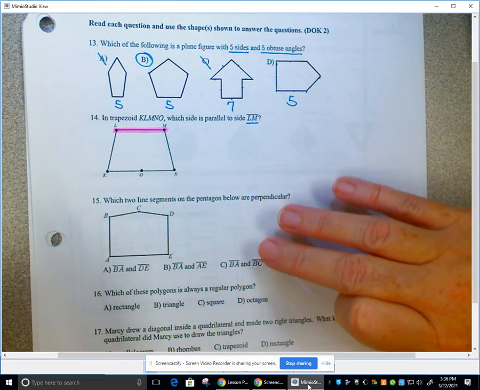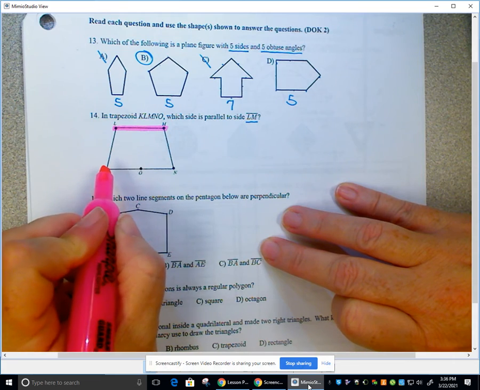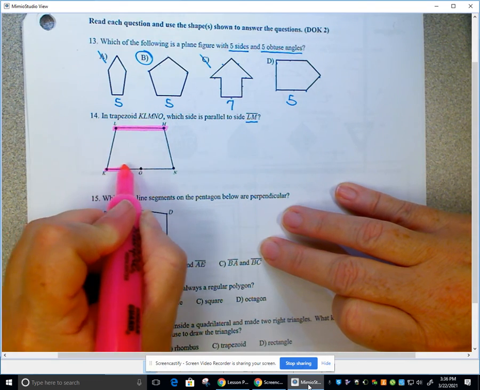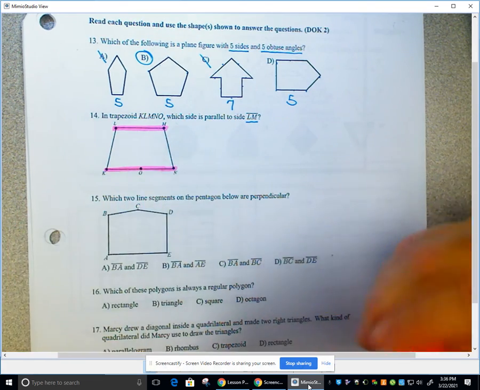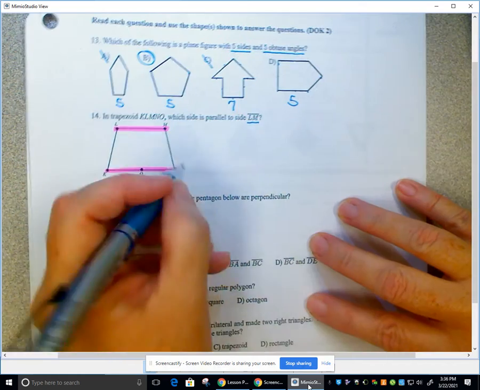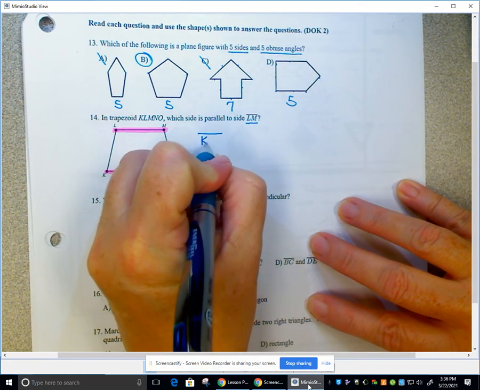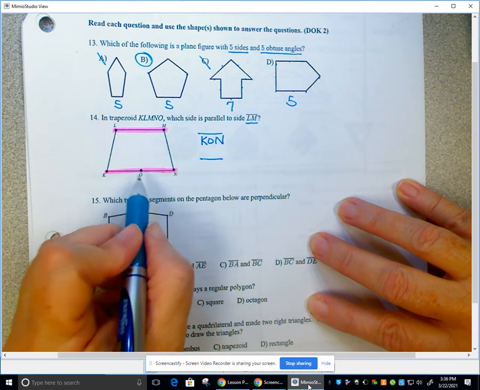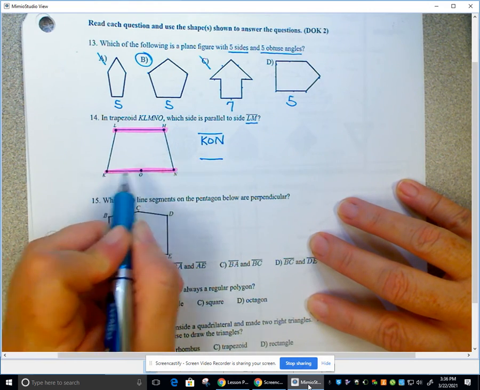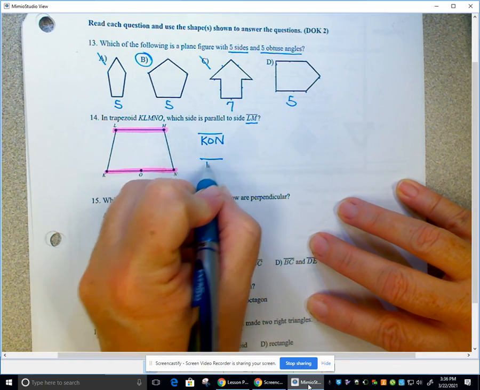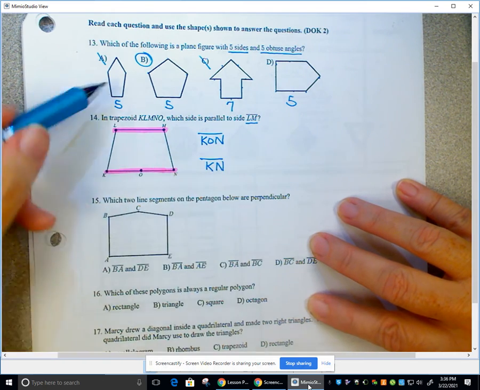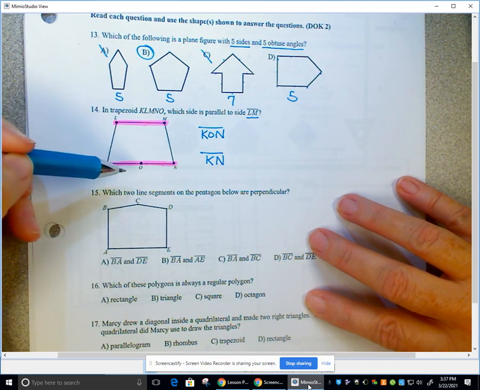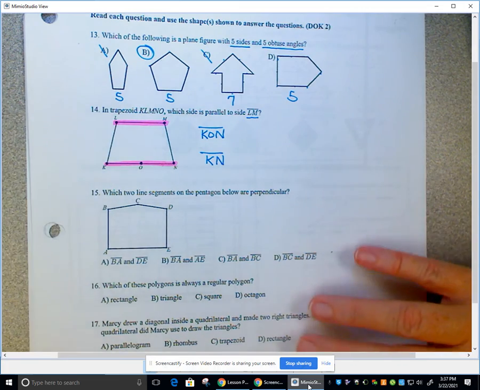What's parallel to line LM? It would be line KON. You could call that line KON, or sometimes people leave out the middle letter and just call it KN, line KN. But remember, a trapezoid has only 1 pair of parallel sides.